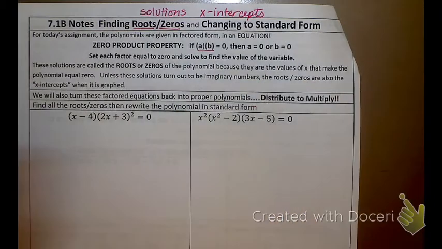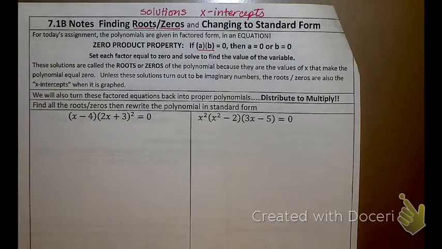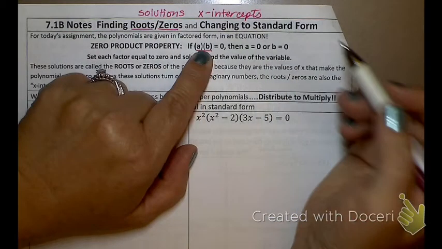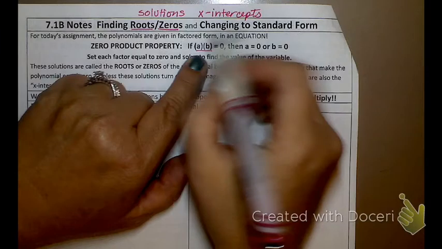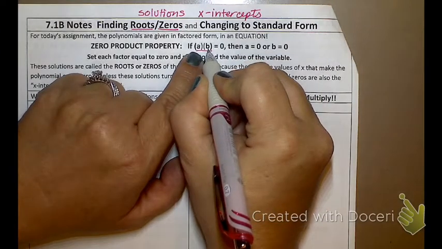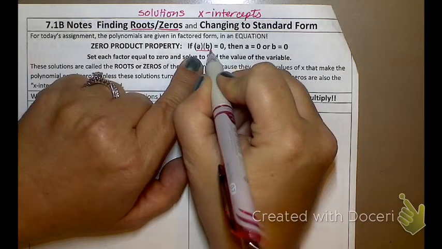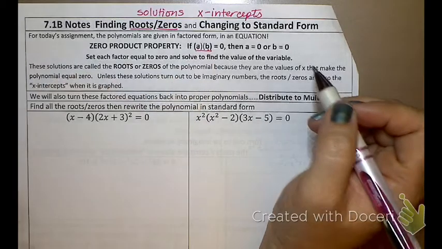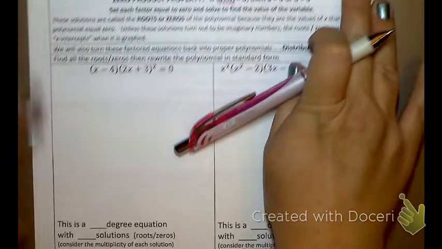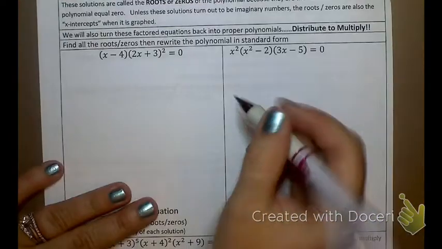So, in other words, what is 5 times 0? 0. What is 0 times 5? 0. If the answer is going to be 0, one of the things you're multiplying has to be 0. At least. So, if you have two parentheses equal to 0, then it's either 0 times something, or it's something times 0. Kind of second nature. We understand that completely.